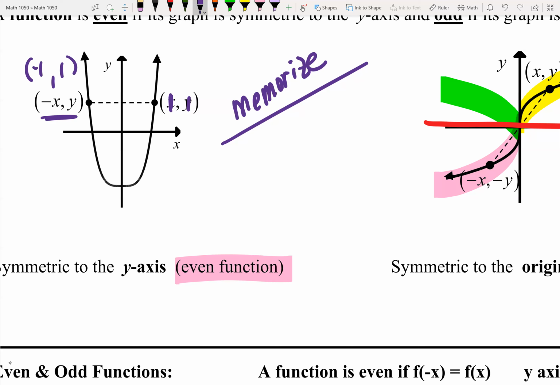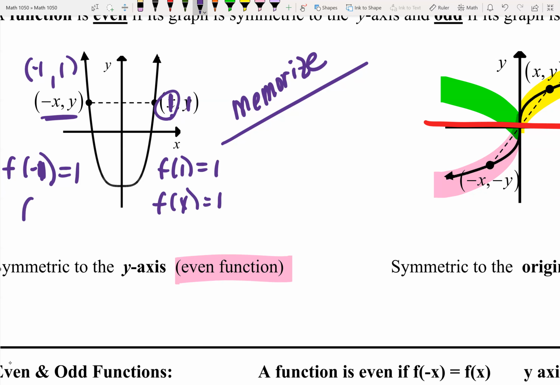-1, 1. Okay, so if x is 1, then that means f of 1 is 1. If x is 1, that means f of -1 is 1. So this means f of x is 1. This means f of -x is 1. X is 1, that's got to be a -x.